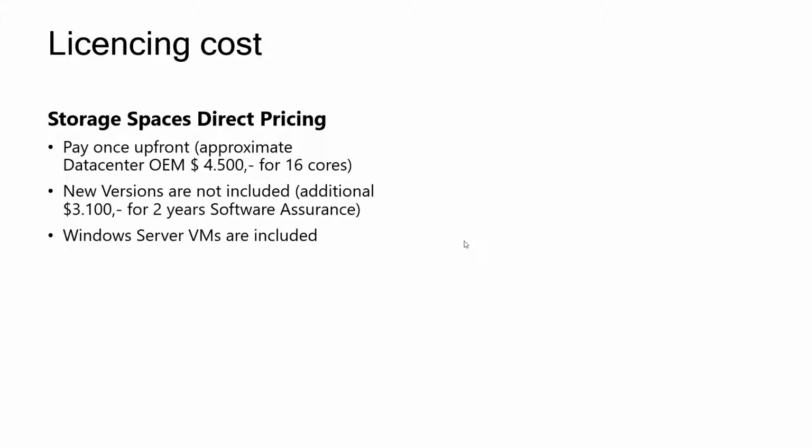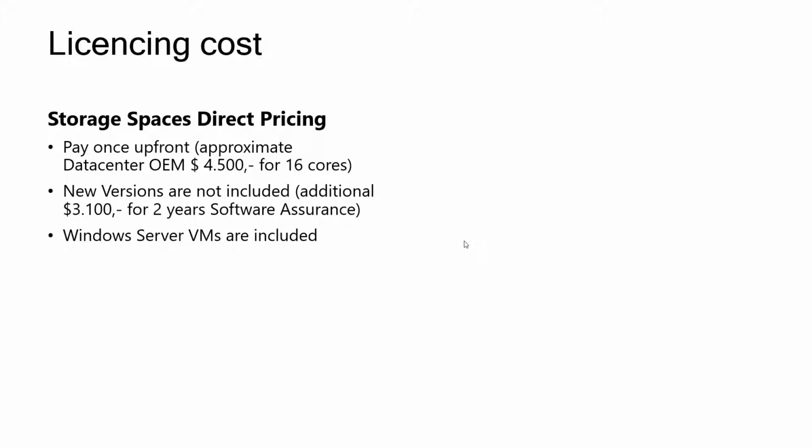But to say that if you choose to mainly virtualize Windows Server VMs, Storage Spaces Direct is the best price you can get on the market for every HCI solution, because every other HCI solution bills you for the solution. For example, if you use Nutanix, you have to buy Nutanix and the Data Center license for the Windows Server VMs.